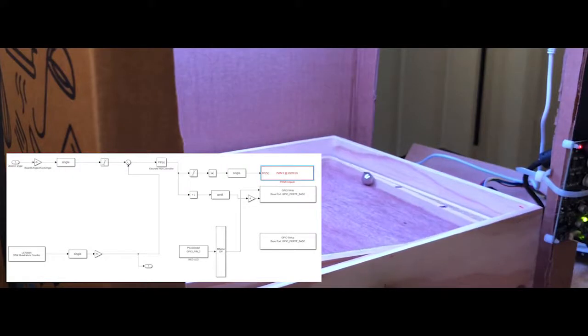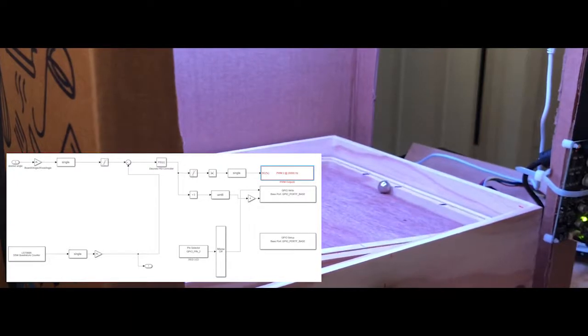So we have a desired angle coming in on the top left. We have our feedback quadrature count on the bottom left.